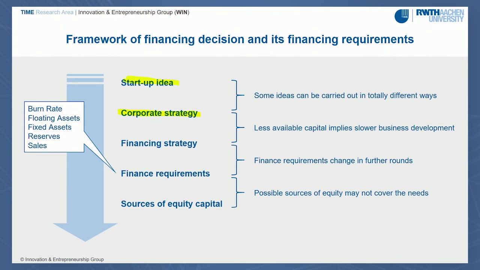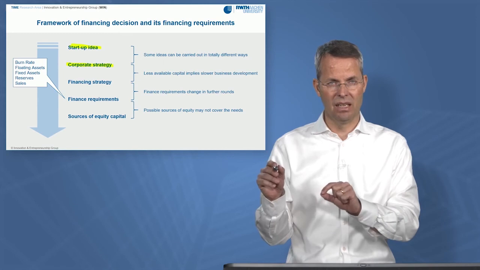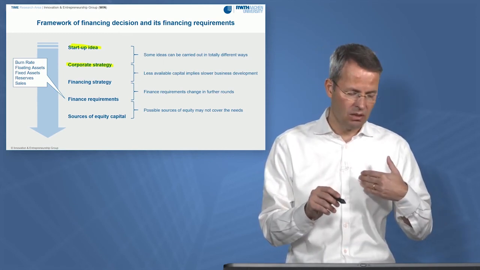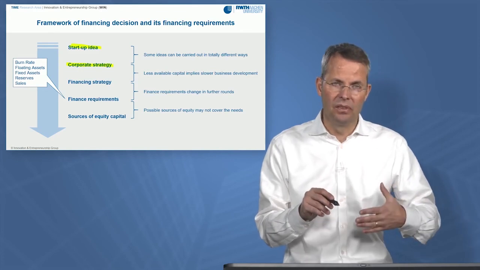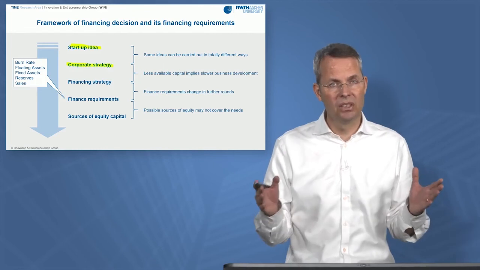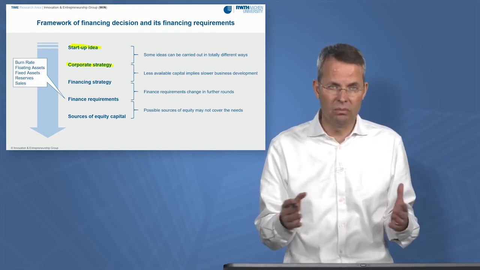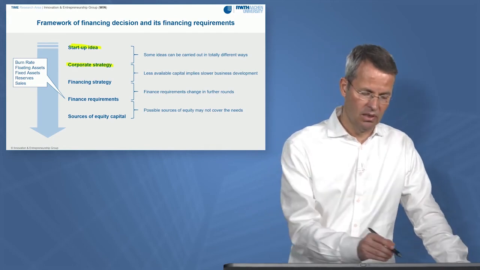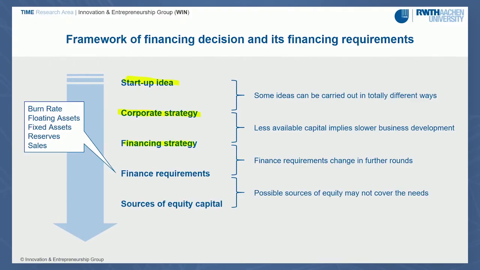If you don't need equity capital, SAP example, you might be slower, but you remain in control. Remember our competitor. If you need more capital, you can do that, but you have to give away at least some control, and maybe you even have to give away more ownership. So that's what the financing strategy is about.